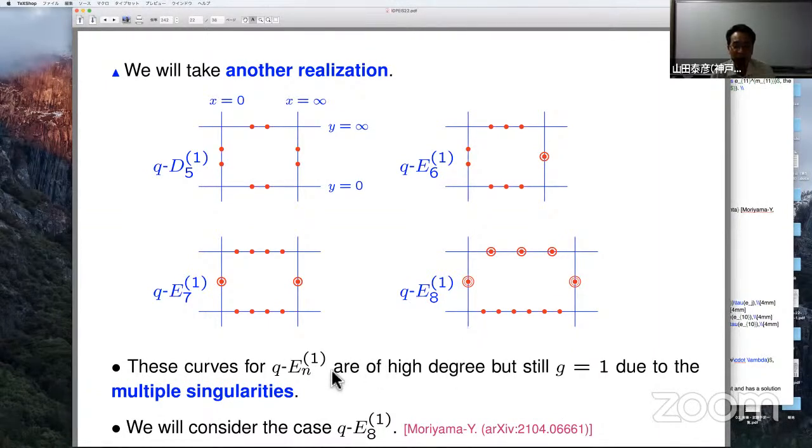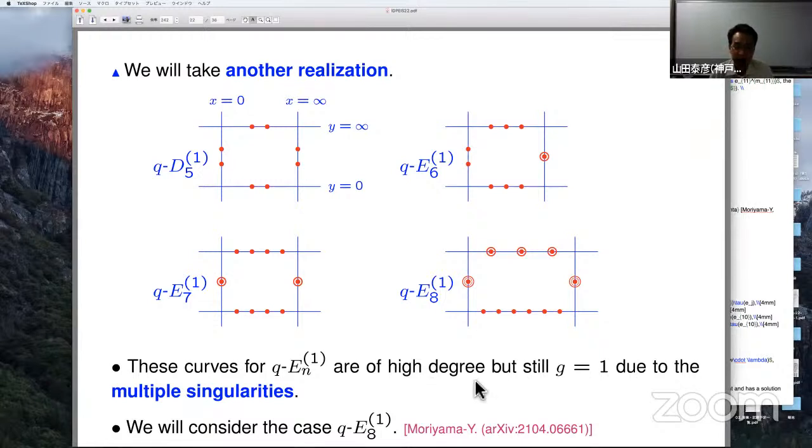These curves are of higher degree, but they are still genus 1 because we have many multiple points. For example, here we have double points, and these guys are triple points. Thanks to these multiple points, these curves are still genus 1, even though they are of higher degree.